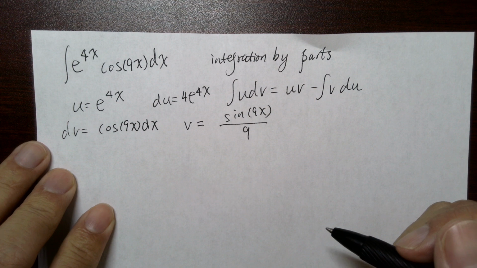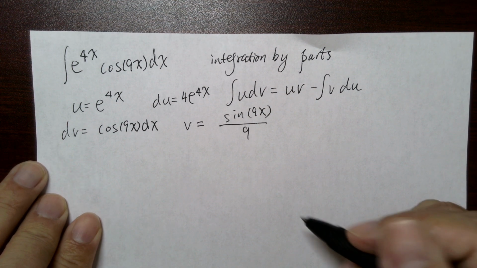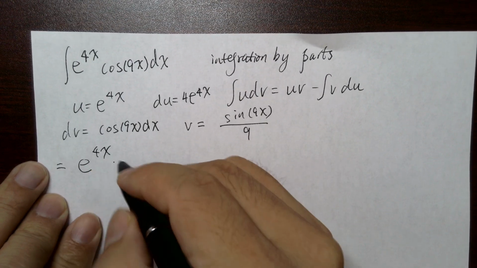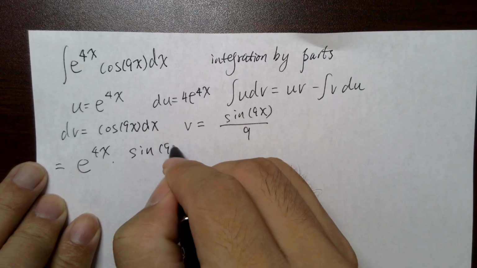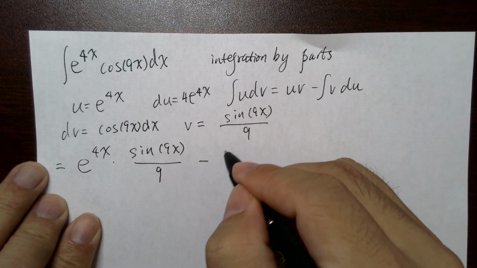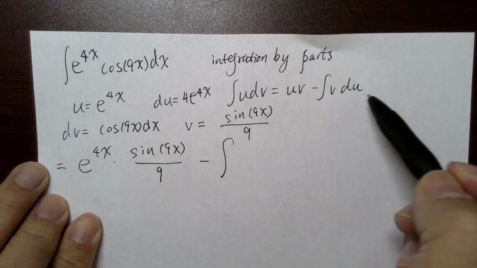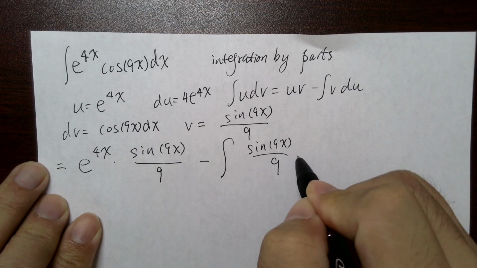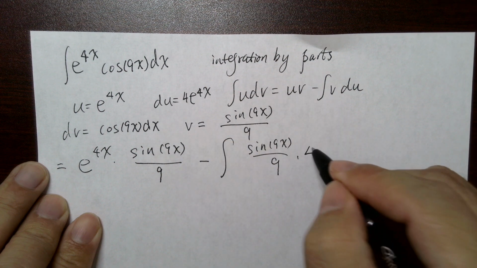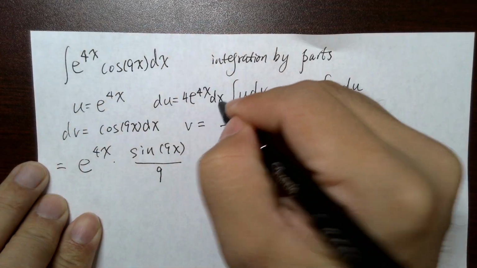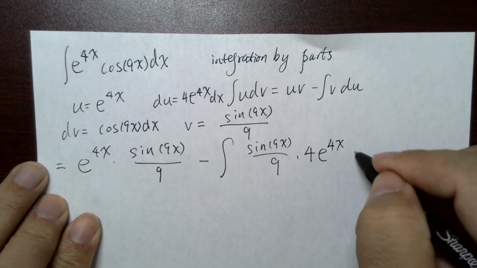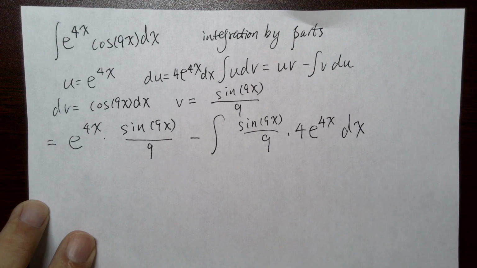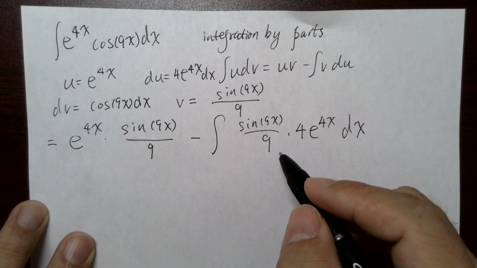So apply the integration by parts once, which is uv, so e to the power of 4x times sine of 9x over 9, minus the integral of v du, right, which is sine of 9x over 9 times du, which is 4e to the power of 4x dx.